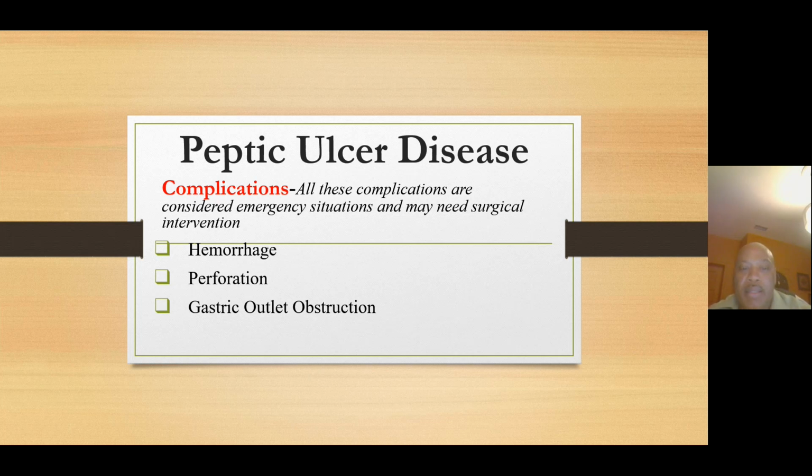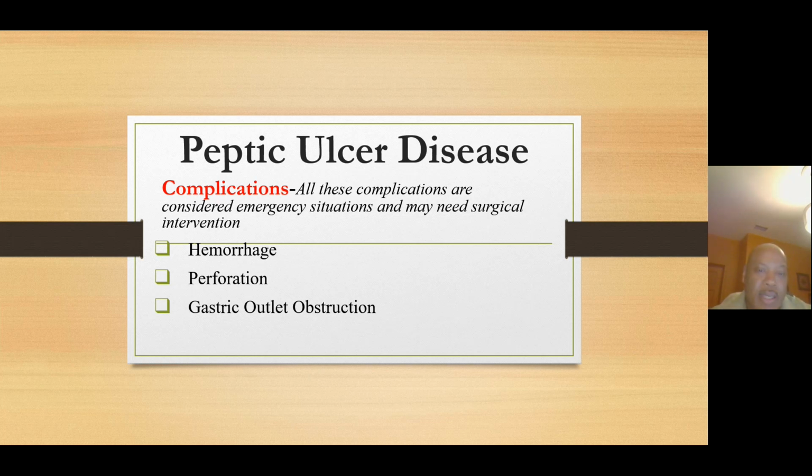There's also pain that radiates to the back and also the shoulder area. Food or antacids will not relieve this patient's pain. It would be refractory to this pain. The abdomen would be more rigid. It will feel like a board as the abdominal muscles try to protect from any further injury.